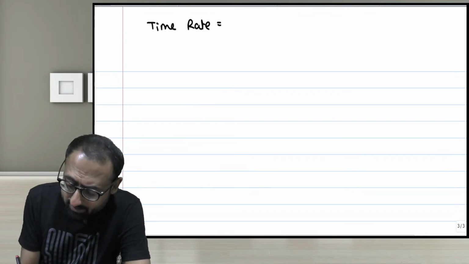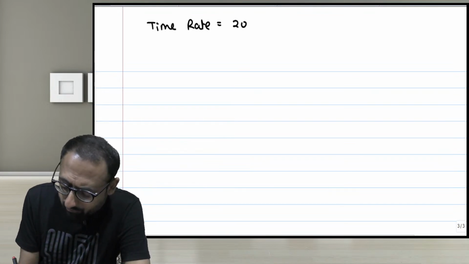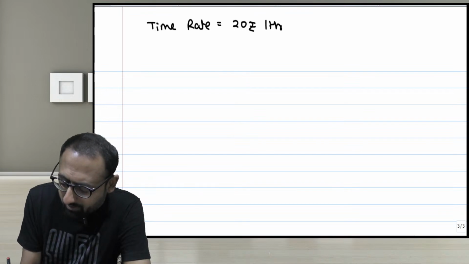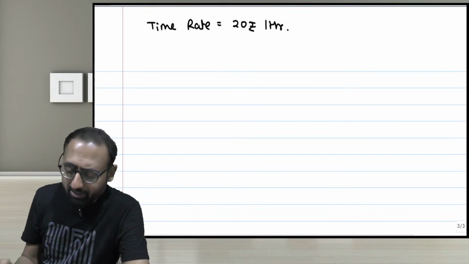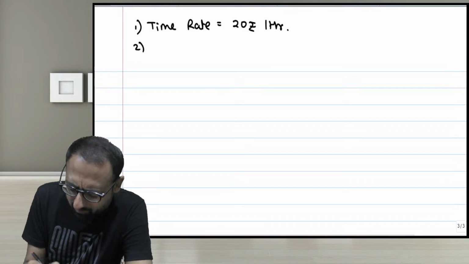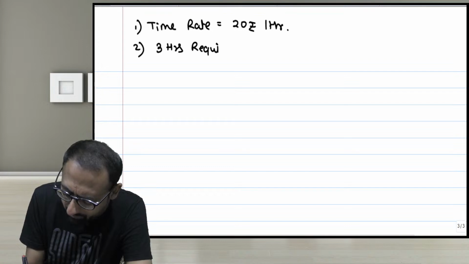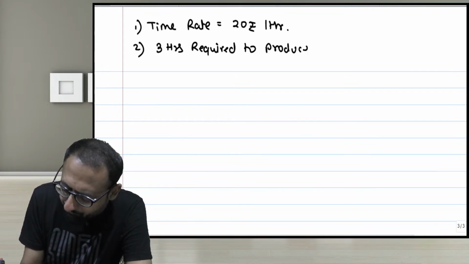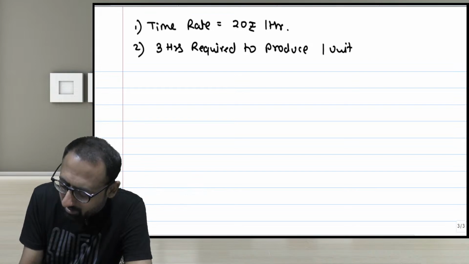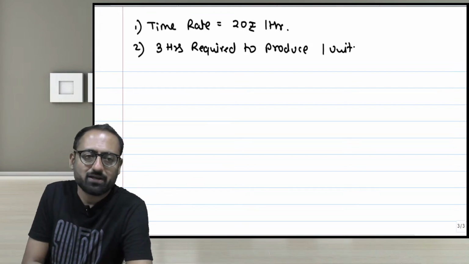Your time rate is, suppose, 20 rupees per hour, and 3 hours is required to produce 1 unit. Now I have changed the question, guys.